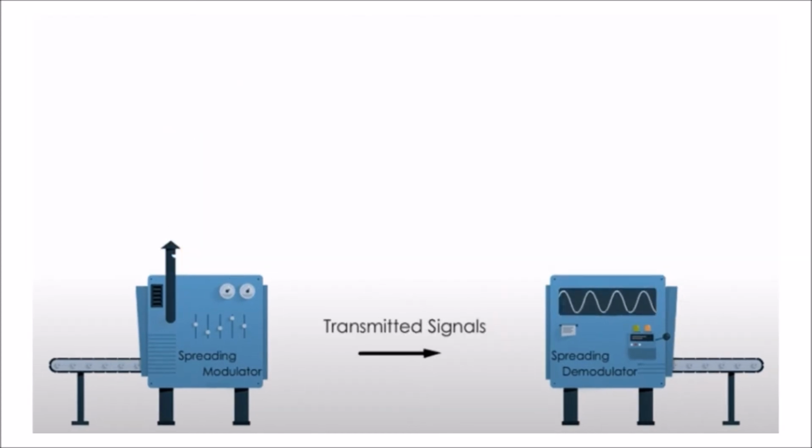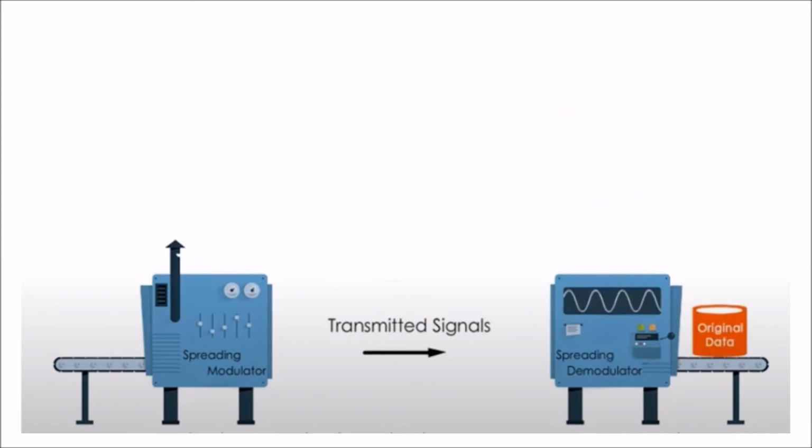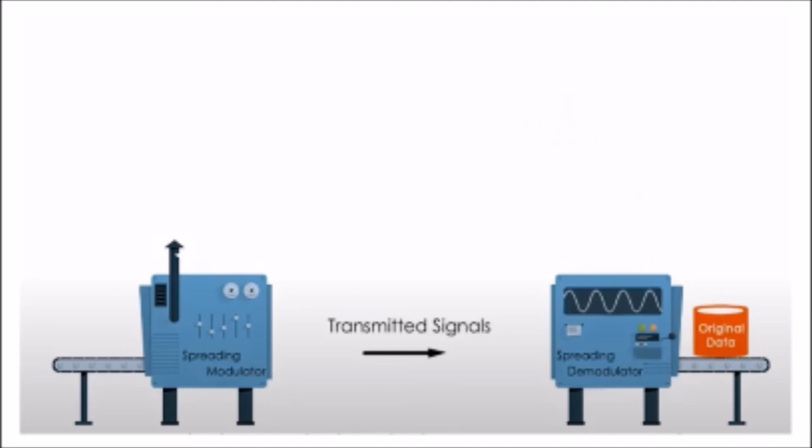The spreading modulator then distributes the transmitted signal over a much higher bandwidth. At the receiver, these transmitted signals are demodulated with the PN code, and the original data is restored. In this process, each bit is coded and the signal bits are distributed over a much wider frequency band.